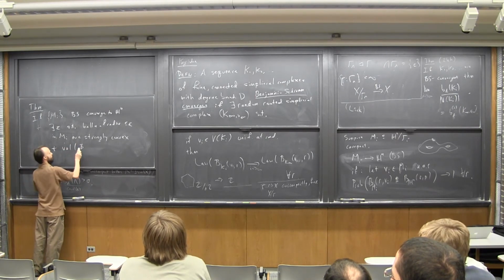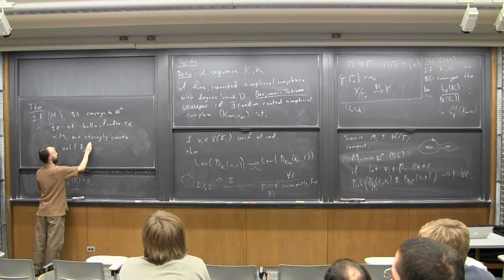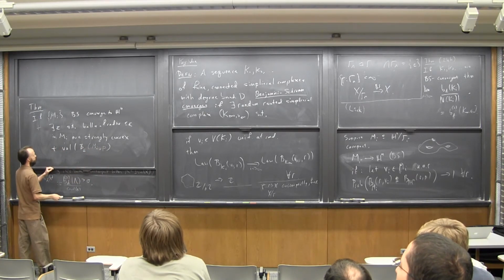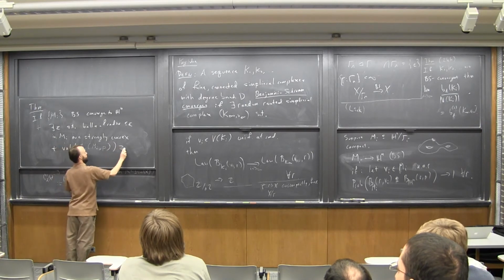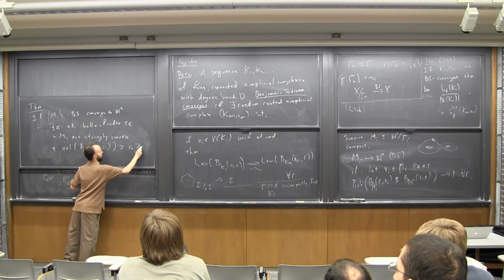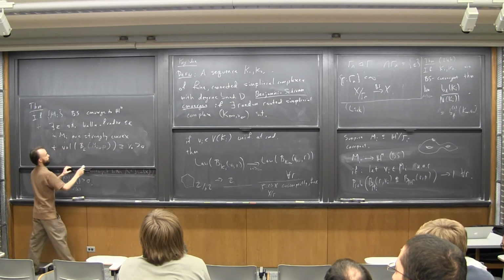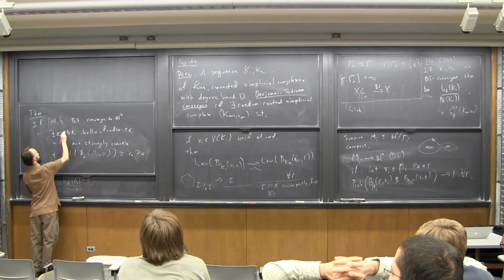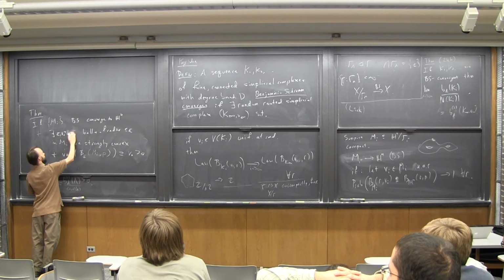The volume of a ball of radius epsilon in M_i centered at any point should be at least some positive number v_0. So there has to exist an epsilon and a v_0, and these have to be positive numbers.